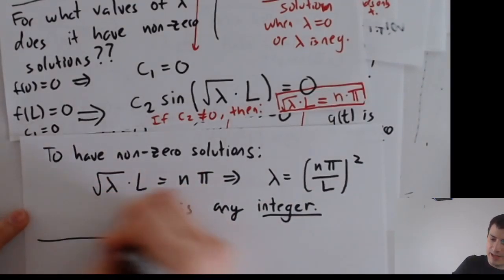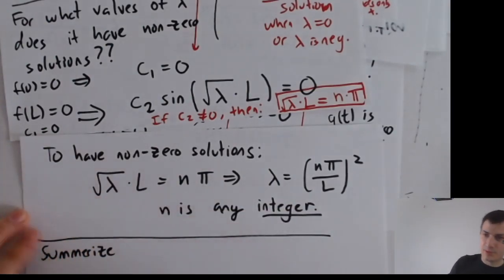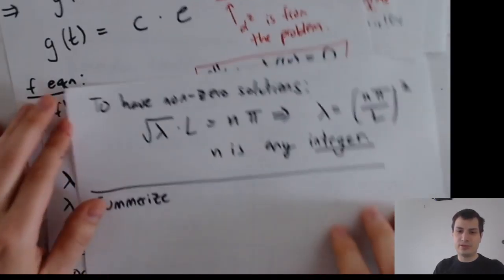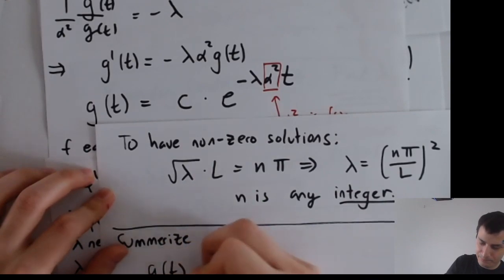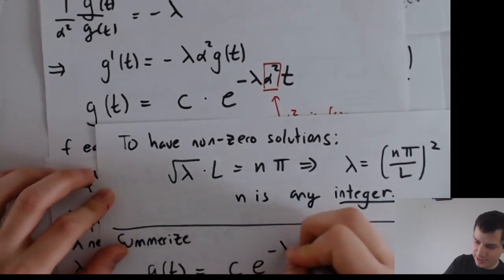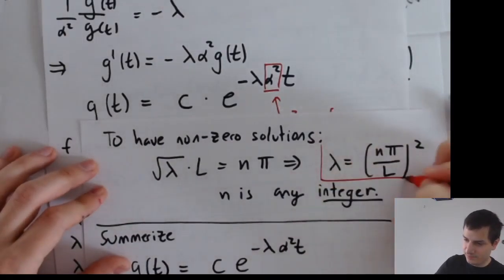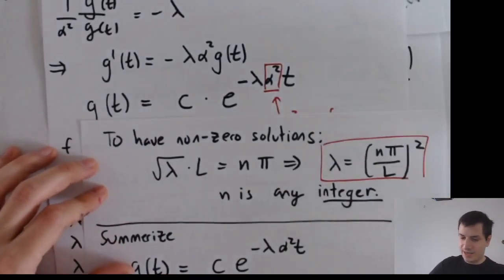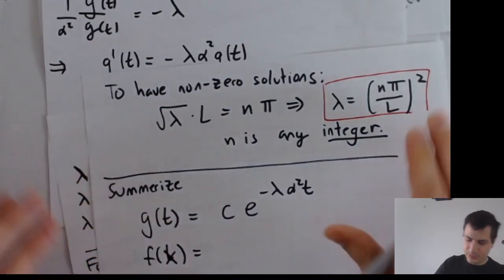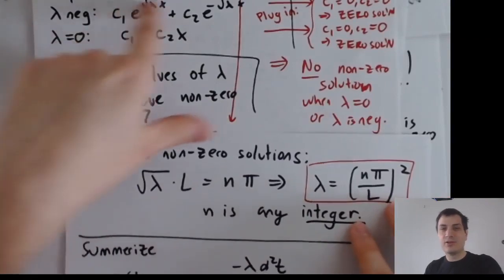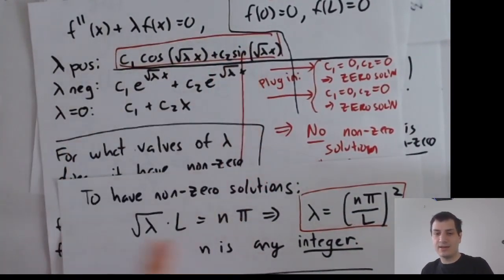Let's summarize what we have already. So we had G up here. G of t is C times e to the minus lambda alpha squared t. Lambda is this thing. And f of x, we're going to take our information from here. f of x is the C2 times the sine thing.